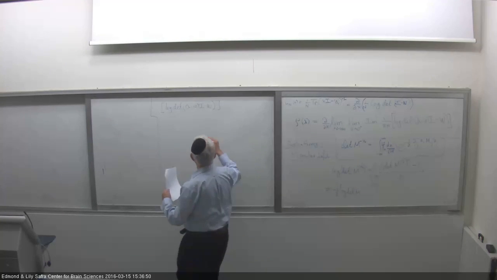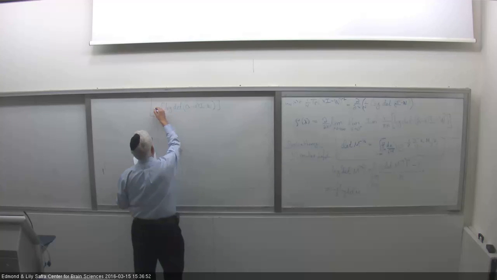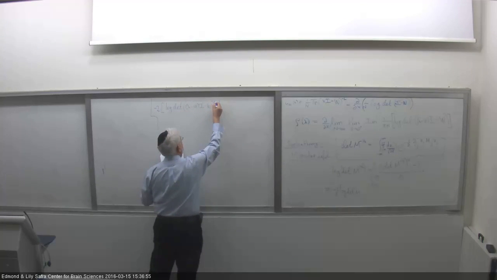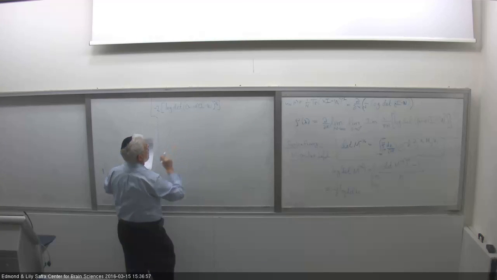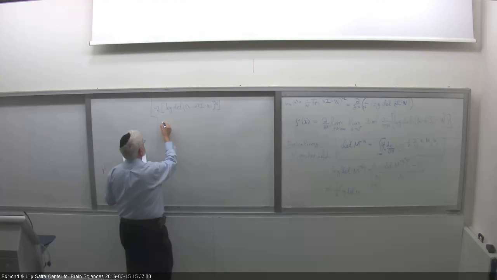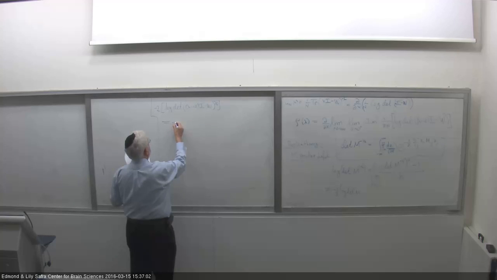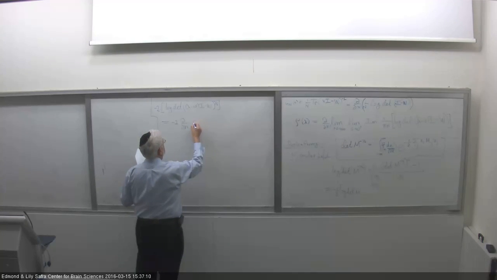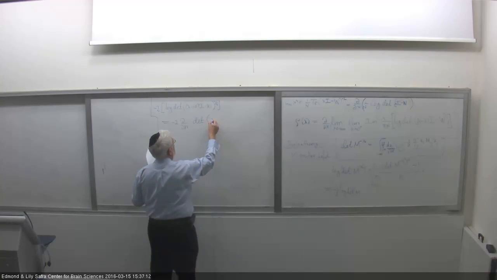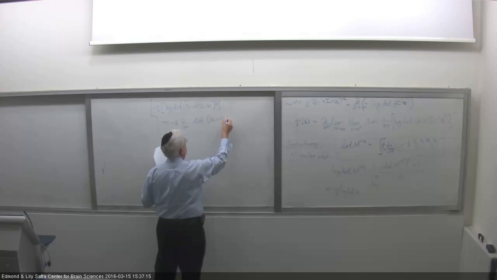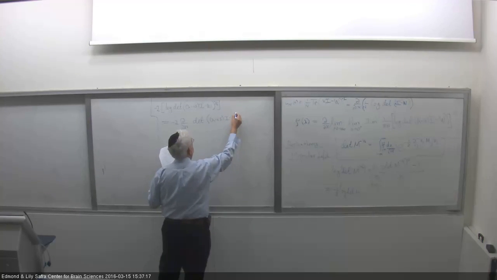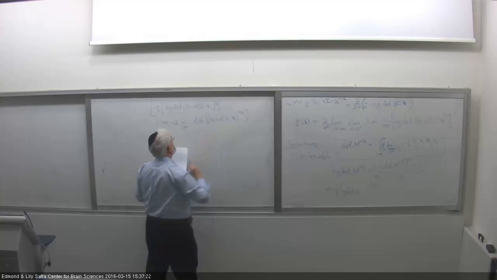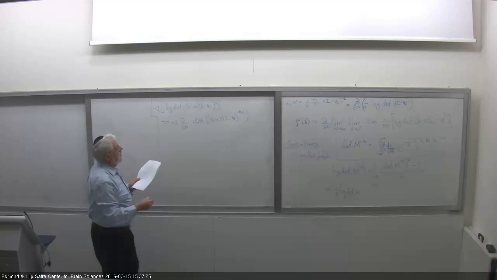So I'll get a factor minus 2 here, and then minus 1/2 here, which is fine. So basically, I can write this as minus 2 times d over dn, in the limit of n goes to 0, of the average over the determinant of lambda minus I epsilon I minus W to the power minus n over 2.